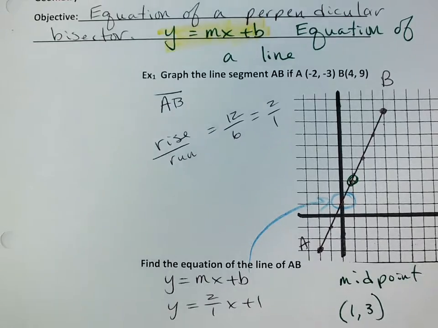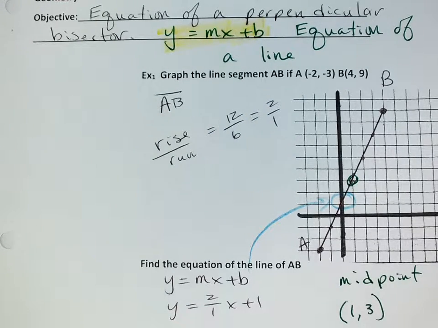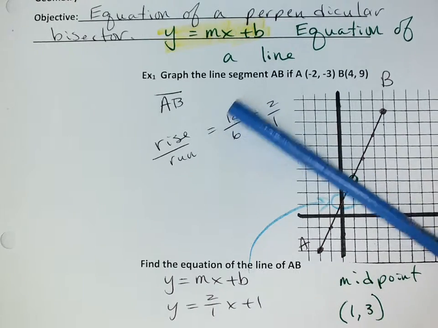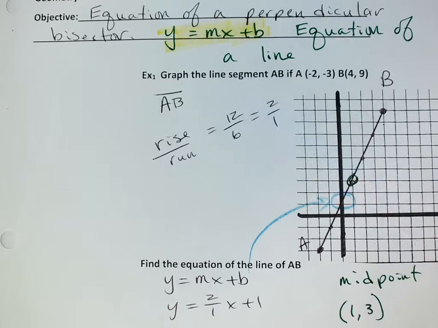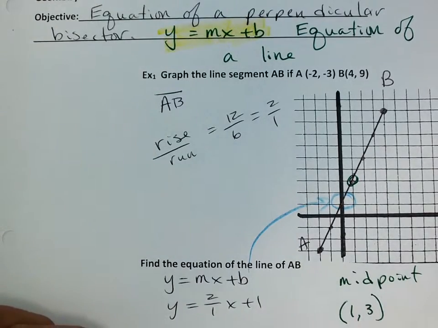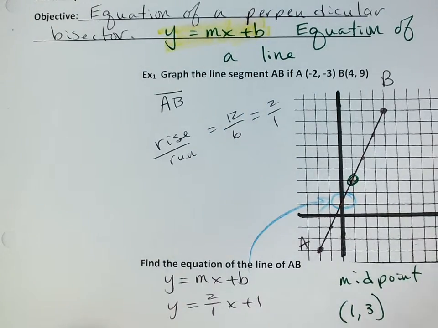So I know the line I'm looking for probably looks something like this. See my blue line? It's got to be at 90 degrees. Looks pretty good, right? Right about there. So if I want the exact line, I have to look at this perpendicular part. The perpendicular part comes from its opposite slope.